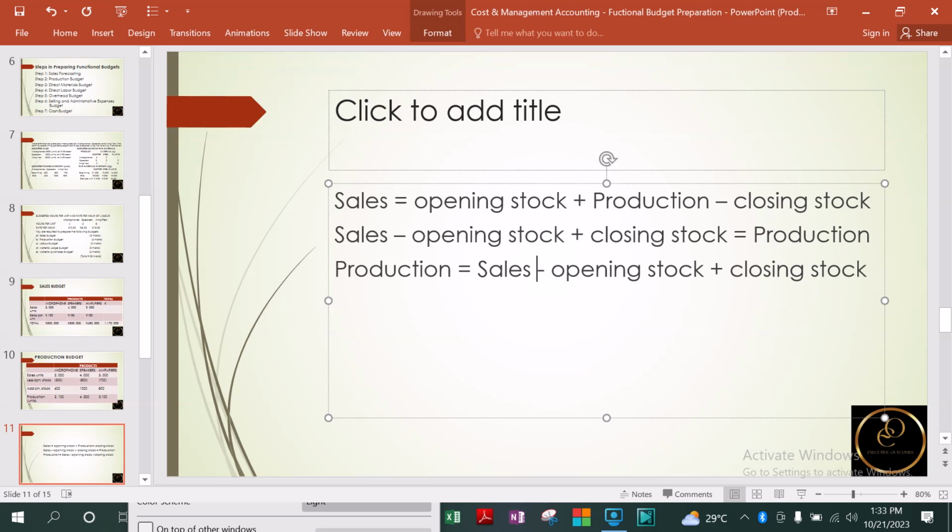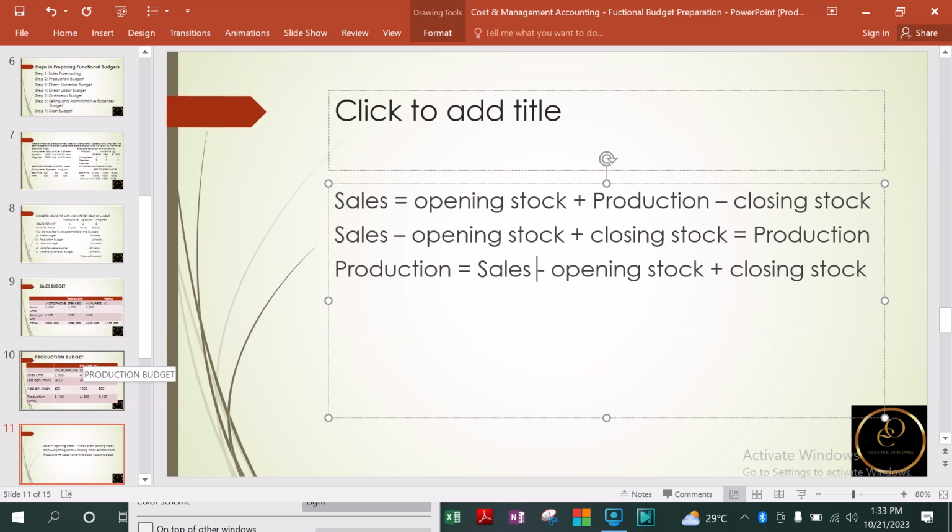From this, we can prepare a statement which is going to show us what we are supposed to produce, given that we have the sales, the opening stock, and the closing stock.